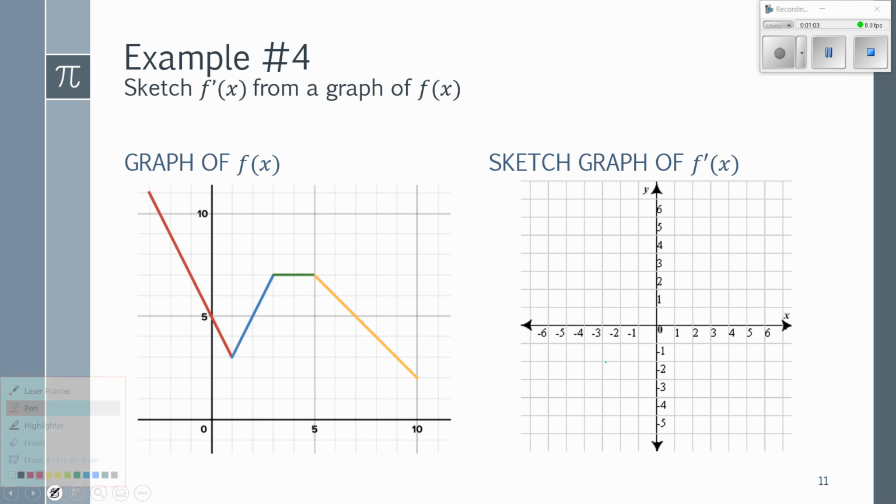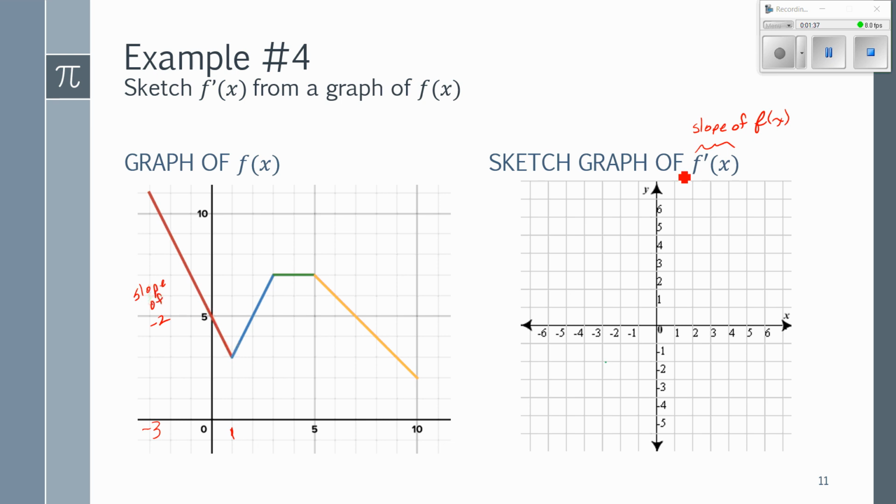So if I think of this as instead saying, I want to sketch a graph of the slope of f of x, that means that what's being plotted on this graph are these values of the slope. Well, fortunately, I have a piecewise linear function here for f. I can see from here, where x is -3, to here, where x is 1, the slope has a constant value of -2.